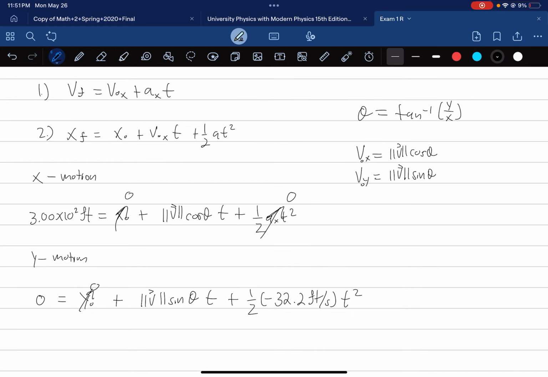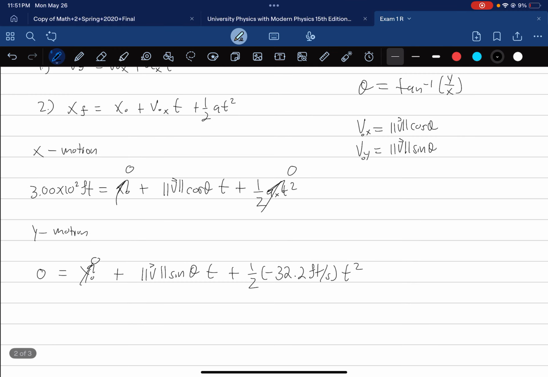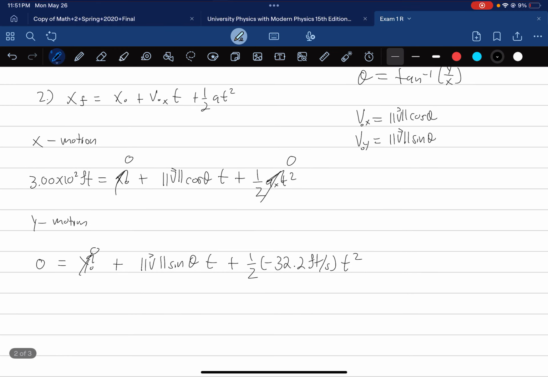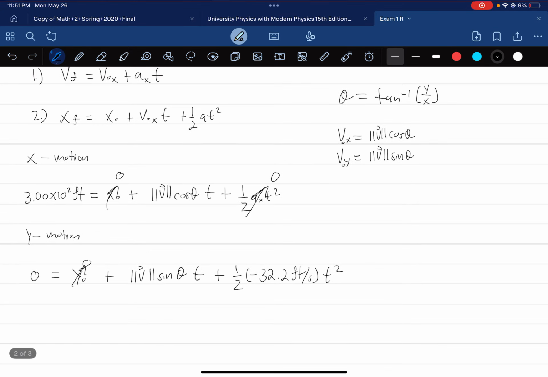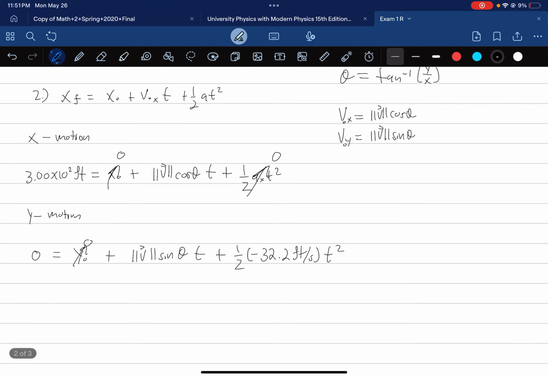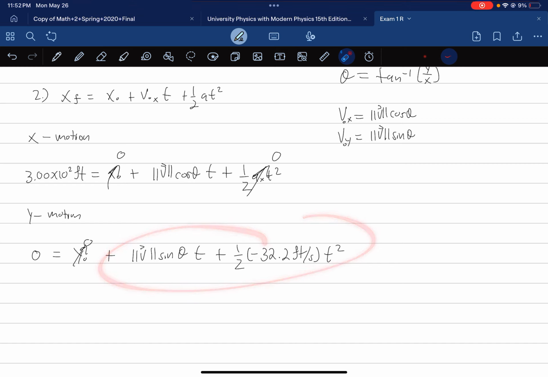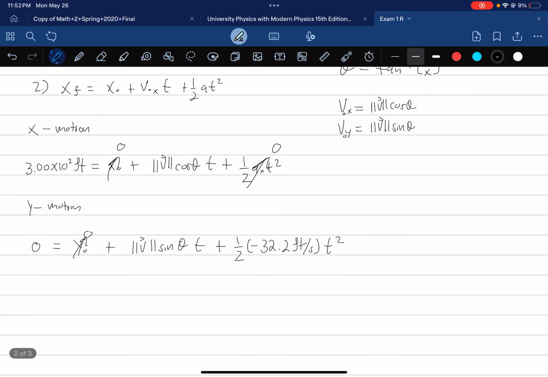Now we want to solve for theta, so we need to find a variable that we can utilize to bring these equations together. I see that it'll be easier to do that if we simplify this equation right here. If we bring this term over here, then we can cancel out some stuff.